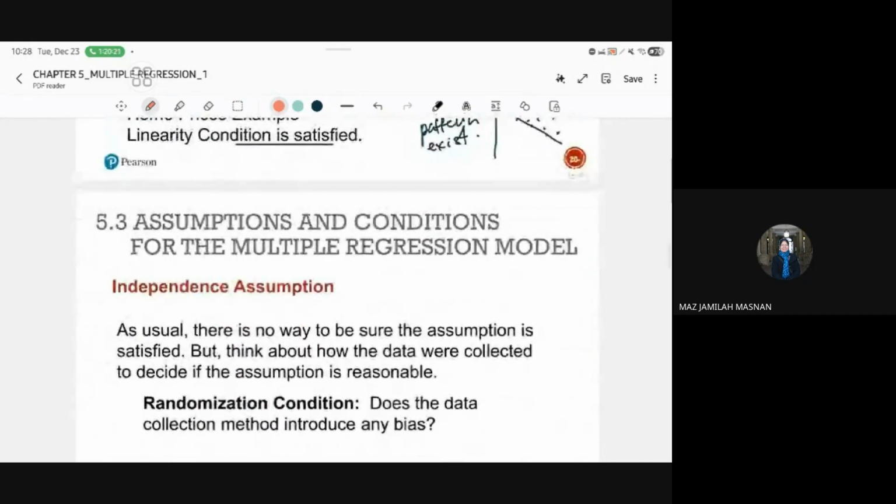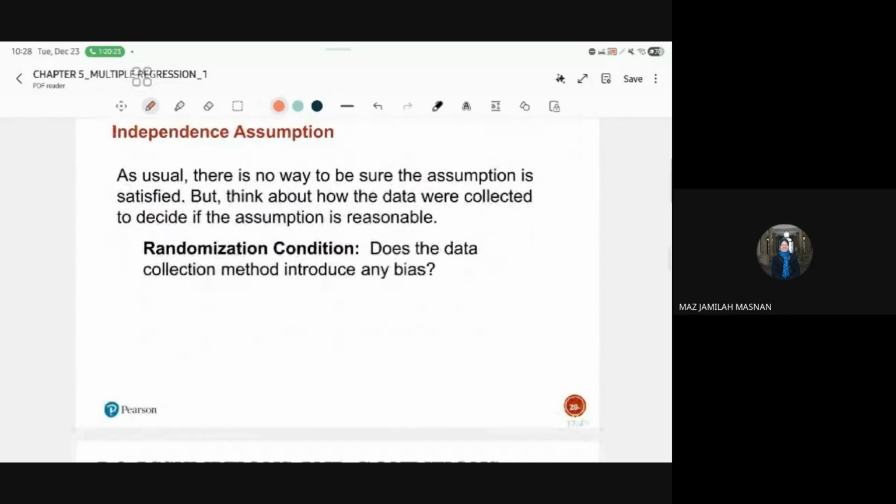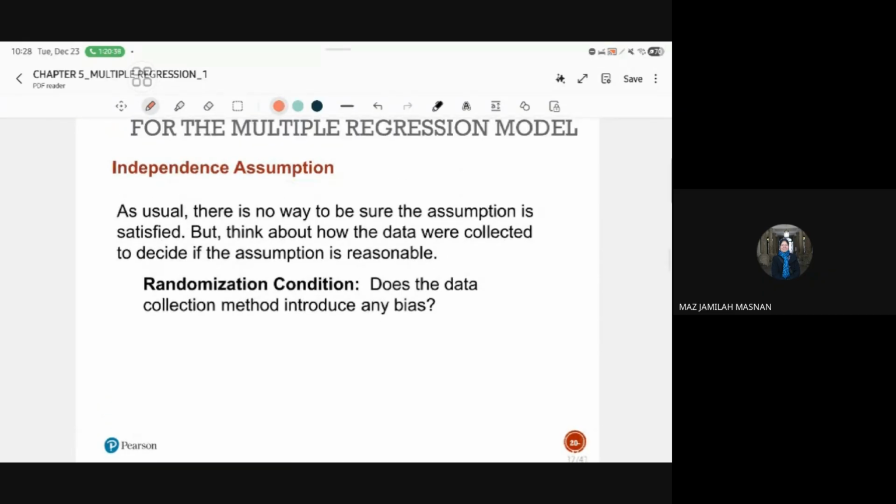Okay, so for the next one, independence assumption. As usual, there is no way to be sure the assumption is satisfied, but think about how the data were collected to decide if the assumption is reasonable. It means you have to think back on how the data were collected.